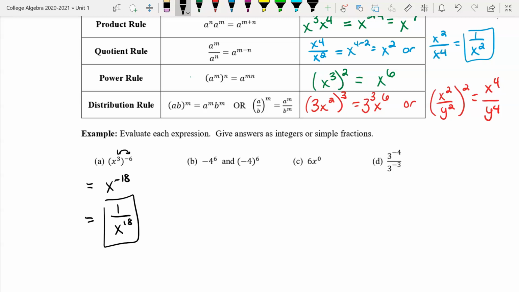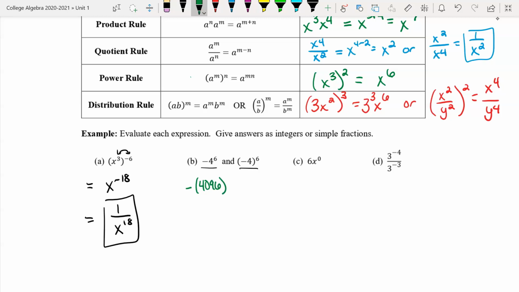This one I just put on here because it's very important that you know how to type it into your calculator. Notice there's no parentheses around the negative 4, so that makes a big difference. If I type this in, I would do 4 to the 6th, which gives you 4,096.